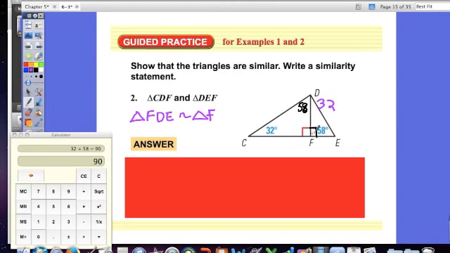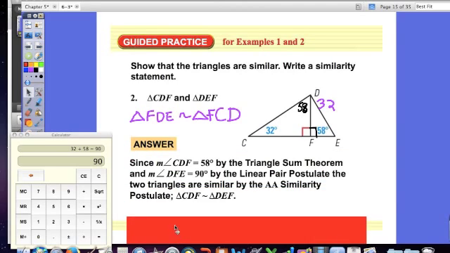So F, then D, which is 58, D, F, D, E is 32 degrees here. That's going to be similar with C, which is also 32 degrees. And E, in this triangle, 58 degrees, is going to be similar to D in this triangle. And if you need it written out, you can do that.